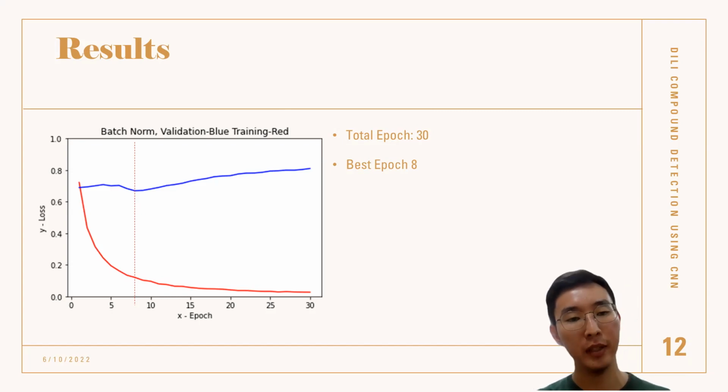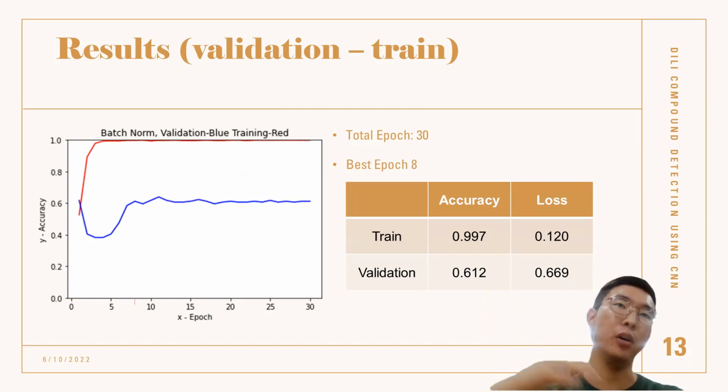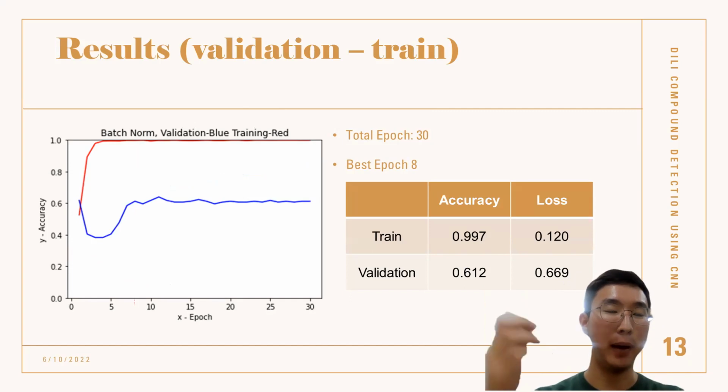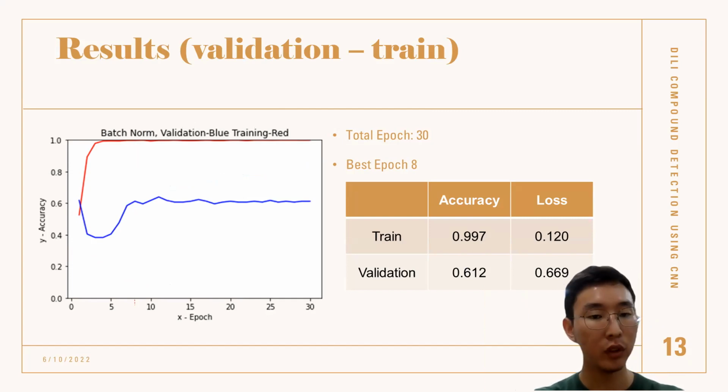Hence, we determined that the best epoch was 8. And if we look at the accuracy as well, the training data set goes to 99.97%, immediately overfitting and biasing on the training data set, while the validation accuracy is 61% at the 8th epoch, with a loss of 6.69.